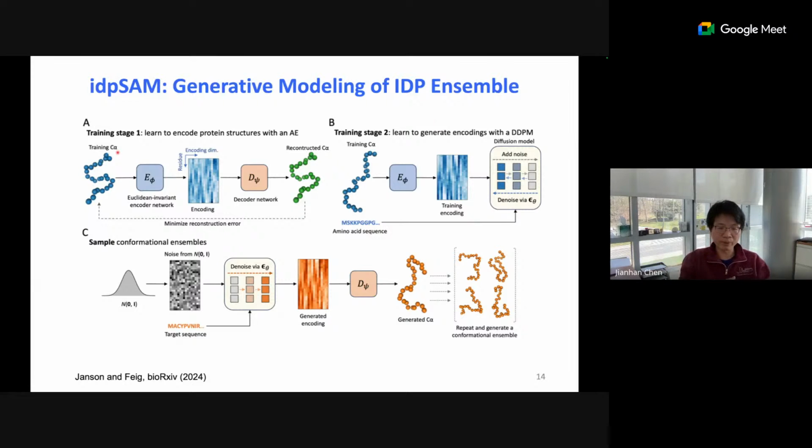But it's really expensive, and we cannot use this atomistic approach to study phase separation of disordered proteins. But if we could train a good generative model to become a surrogate MD simulation engine, this could be extremely impactful.